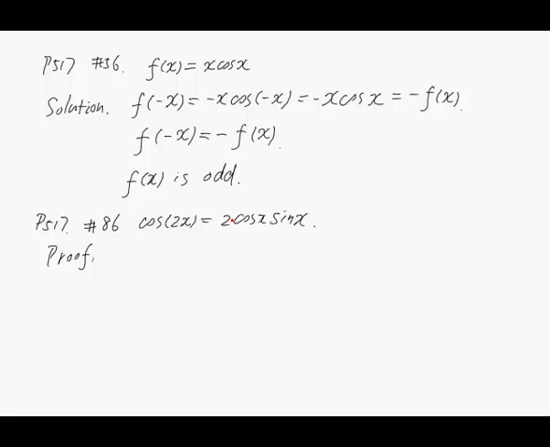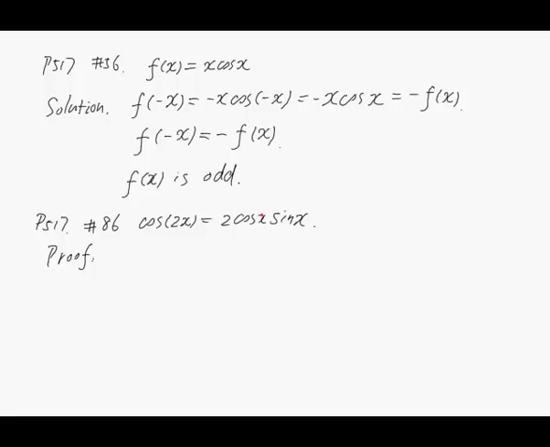Then we know this equation is not an identity, because if this equation is an identity, then all the real numbers must satisfy this equation. But right now, we can find some number which does not satisfy this equation. Then we know this equation is not an identity.